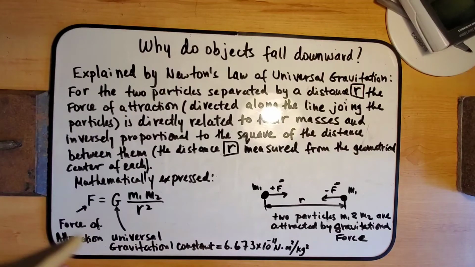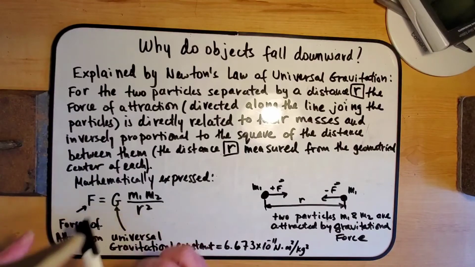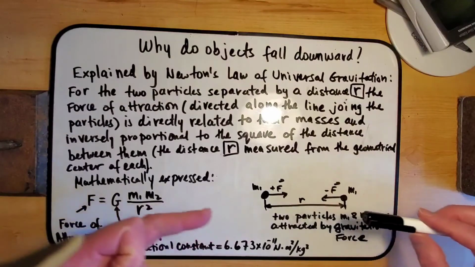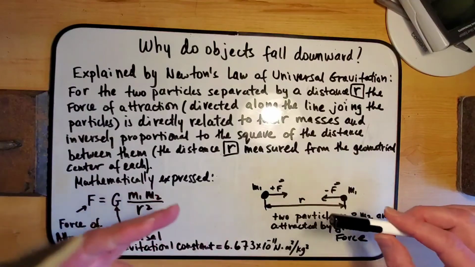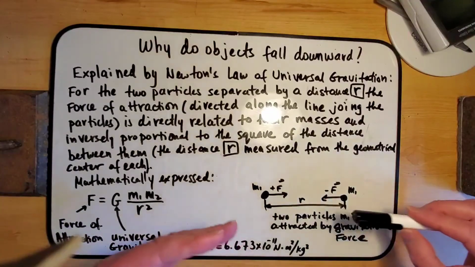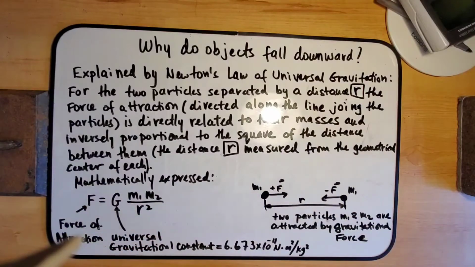The reason is that the Earth has a very big mass, and that increases this force of attraction. These two particles, in this case the huge Earth and whatever object is near it, the object feels this force of attraction, and it falls downward.